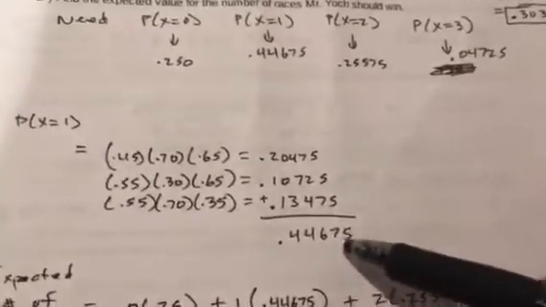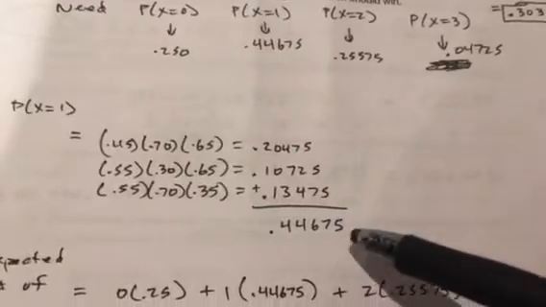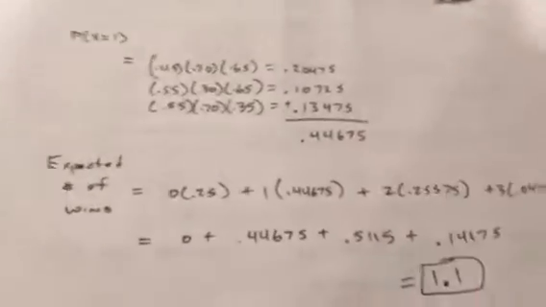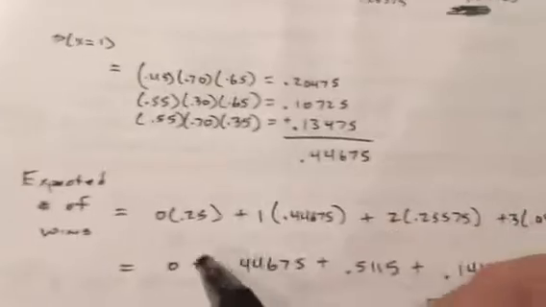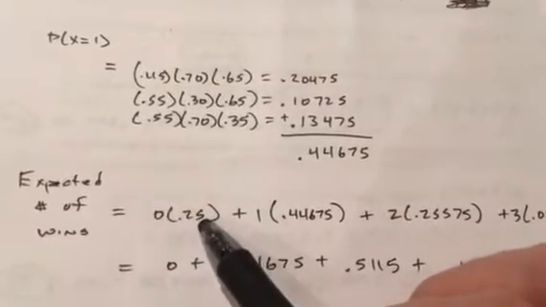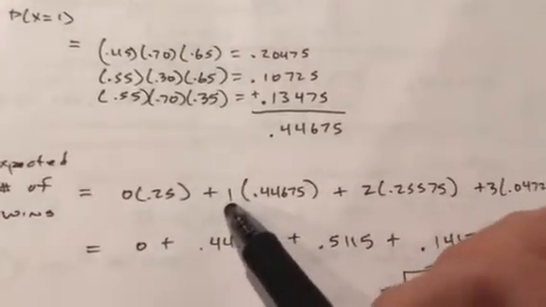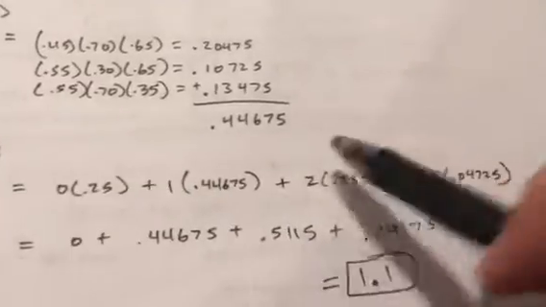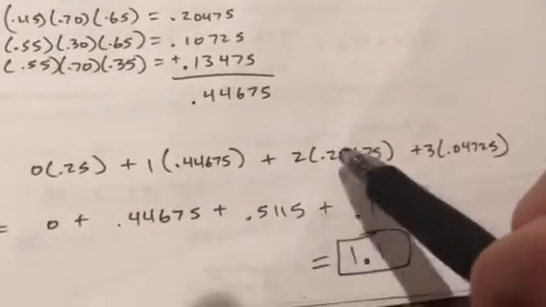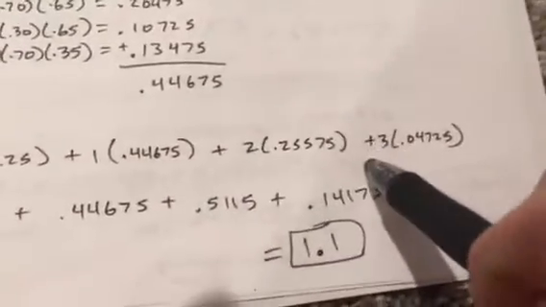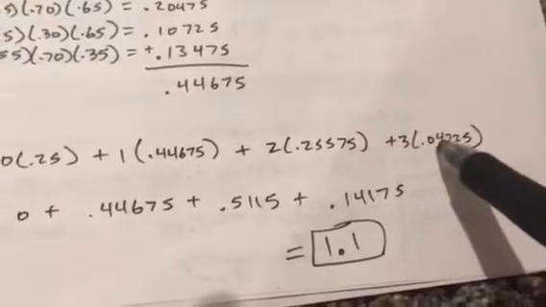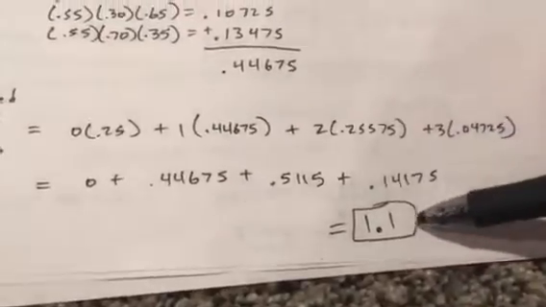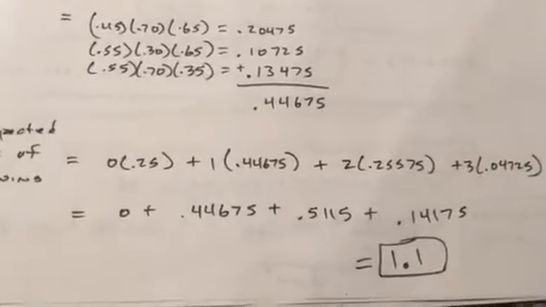Add those up. The probability I win exactly 1 is that. So to find the expected number of wins, you take how many wins and multiply it by its probability, plus how many wins multiplied by its probability, plus how many wins multiplied by its probability, plus how many wins multiplied by its probability. So 1.1 races I would be expected to win there.